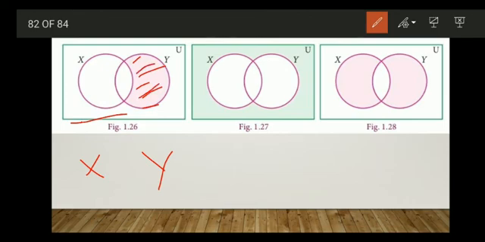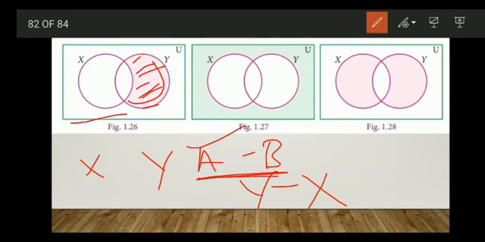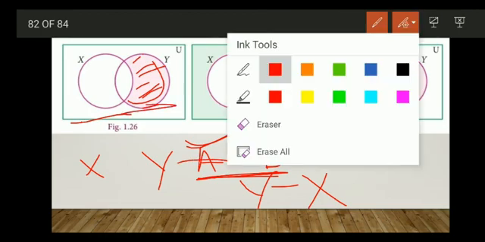This means elements are in Y but not in X. So what will this be? This will be Y difference X, right? When A difference B is there, elements are only in A but not in B. So this will be Y difference X.